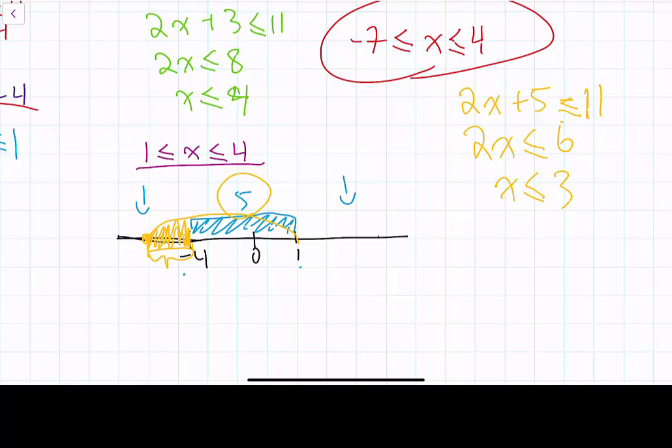So it means that the furthest value x could be is 3 units away from -4, which is -7. Or it could be 3 units away from 1, which is +4. So this entire range from -7 to +4 is the value for x. And as you can see, we've found our answer. Again, it's the same answer. X is greater or equal to -7, but it is less or equal to 4.